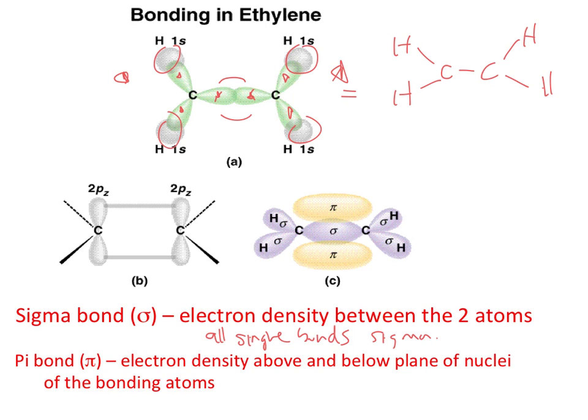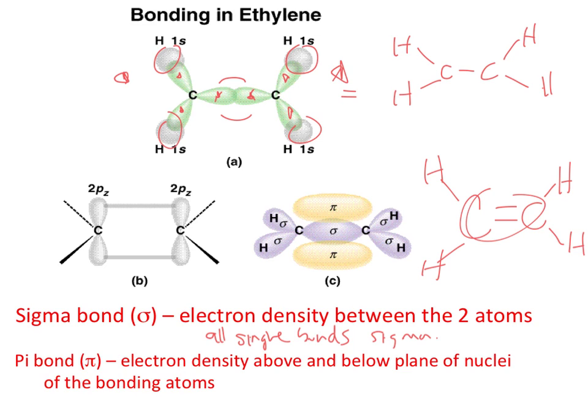Now we know that this molecule structurally contains a double bond. Part of that double bond is caused by that initial sigma overlap, the overlap we see right here between these two carbon atoms.